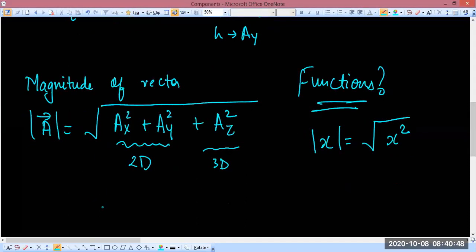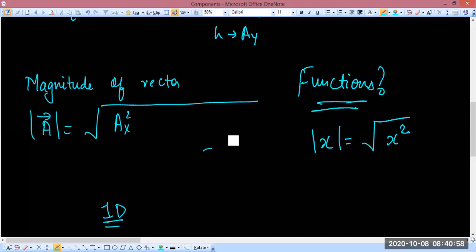Suppose this was in 1D only. Do you realize that this is the same as what you have studied for numbers? A vector is just a collection of numbers, right?